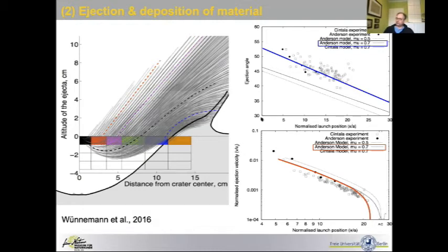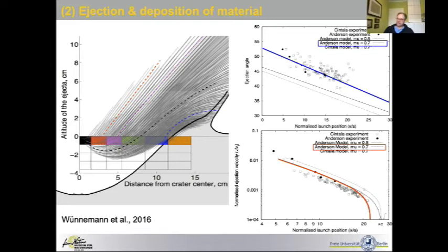The launch position, this is the crater center, and this is normalized by the projectile radius, I think. And this is then what you get from models. So you can nicely calibrate your models and see how well they fit with the experimental observation.